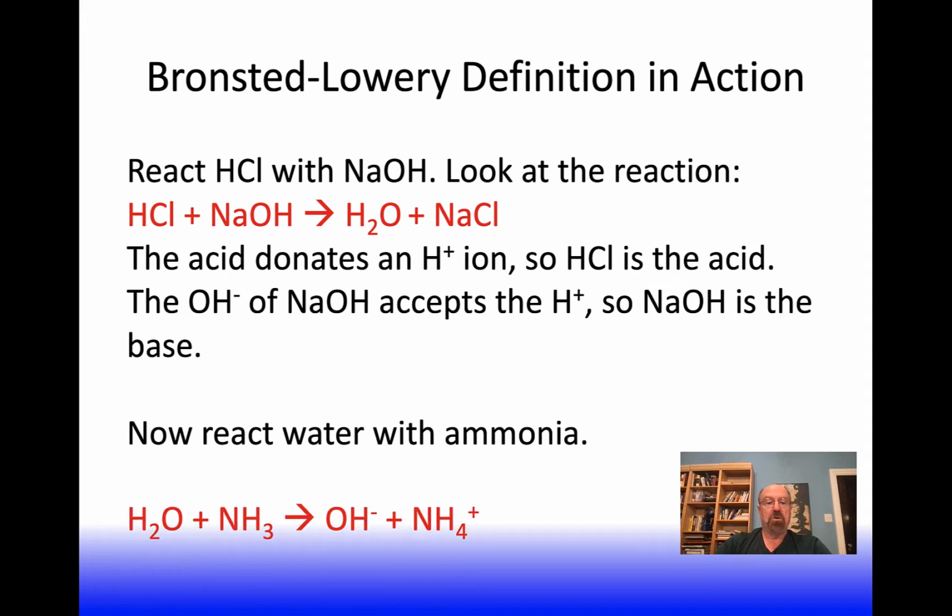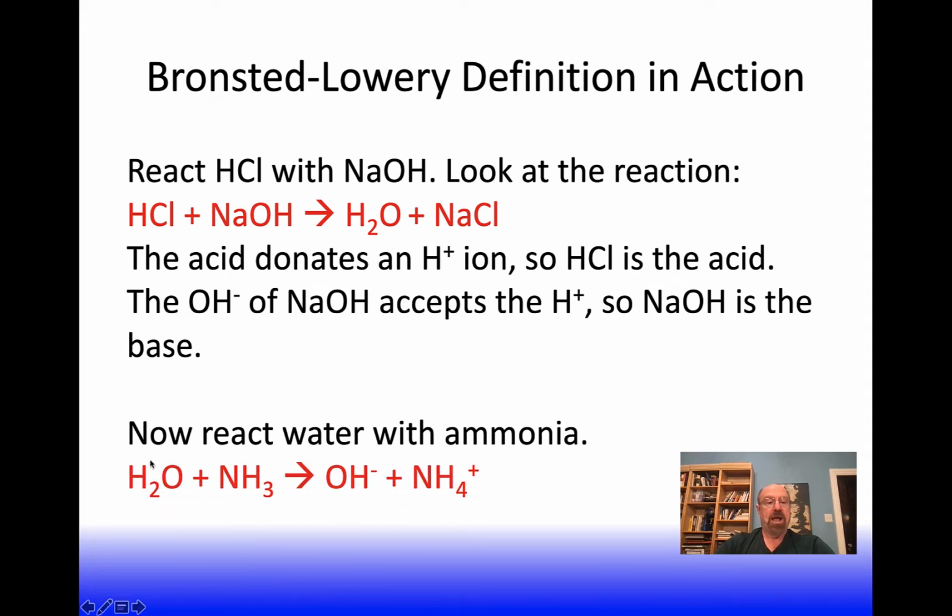So now let's look at ammonia. In the reaction of water and ammonia, here's water, here's ammonia, you form hydroxide ions and ammonium ions. Now, which is which here? Which is the acid and what's the base? Well, of all things, water is actually donating a hydrogen ion.